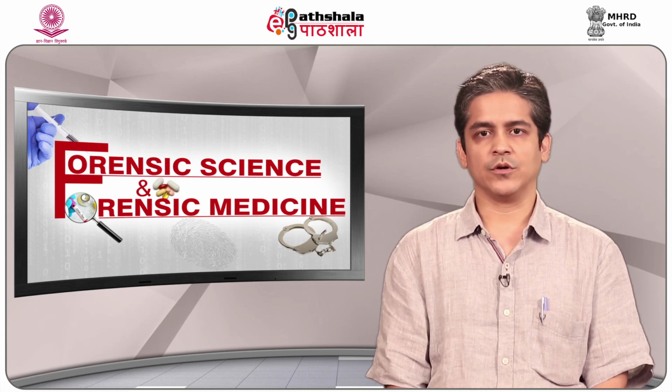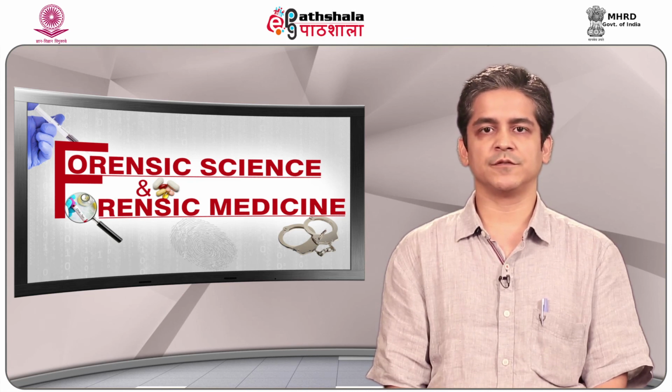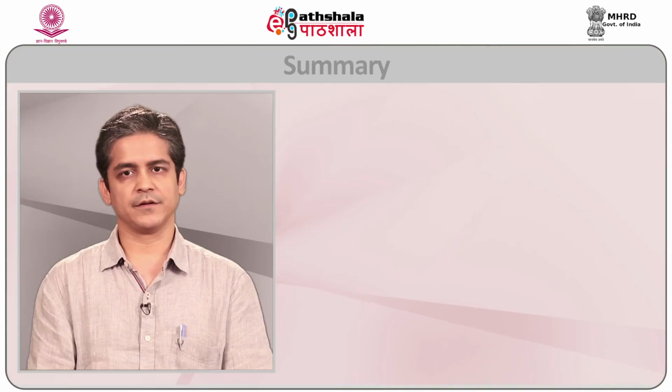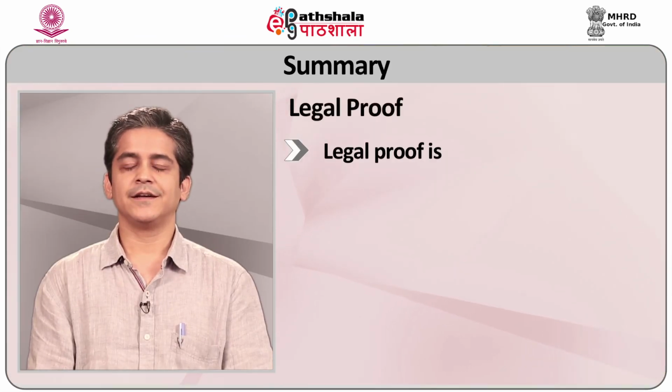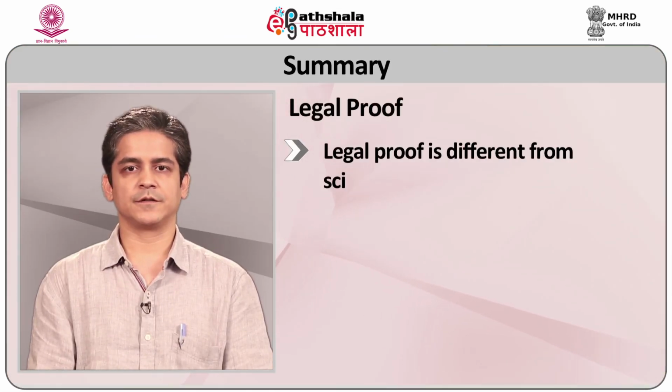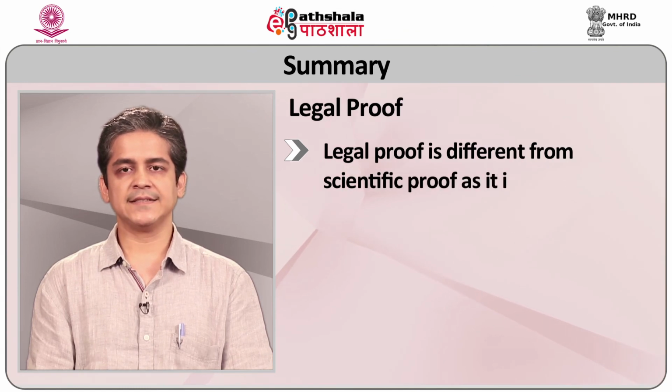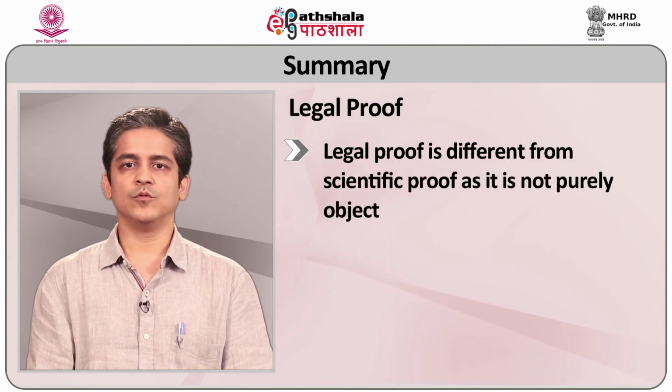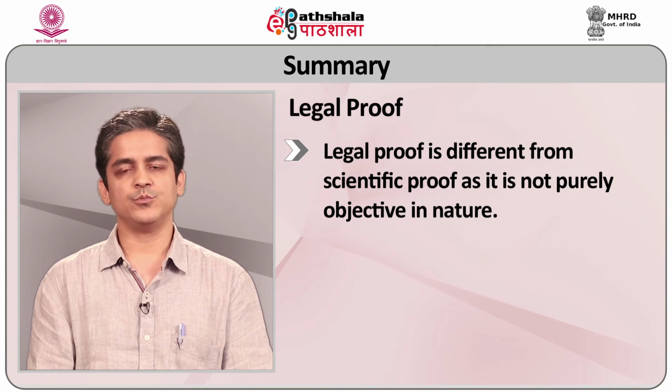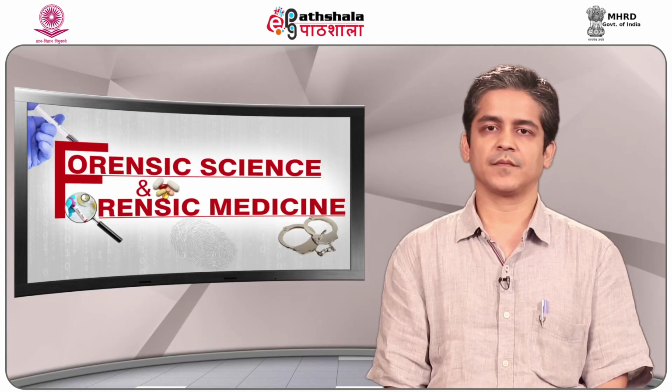In order to conclude this particular module, we can summarize the primary points regarding the basic principles of evidence law in the following manner. Firstly, legal proof is different from scientific proof, as legal proof is not purely objective in nature.